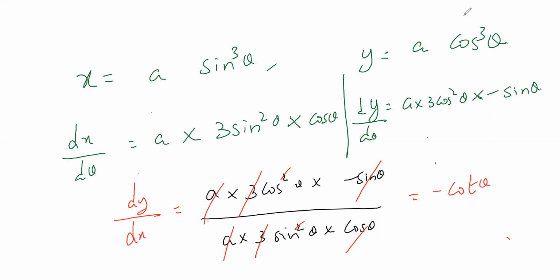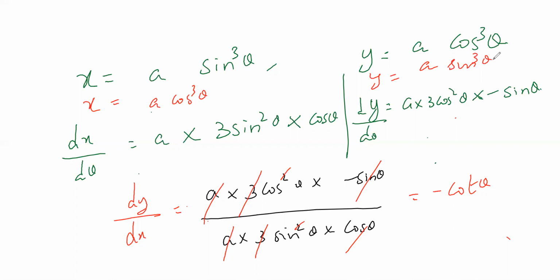Clear? Yes. Minus cos theta by sine theta, that is nothing but minus cot theta. Suppose if I take x is equal to a cos cube theta, and y is equal to a sine cube theta, then what will be my answer?